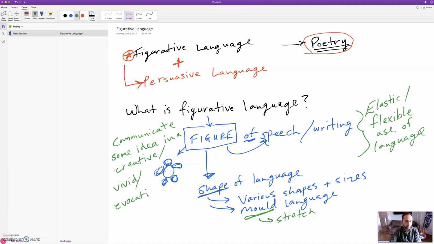It evokes an image or idea in our minds because it's kind of memorable. We see some new shape or some new idea combined in a very creative way in these figures of speech or in figurative language.